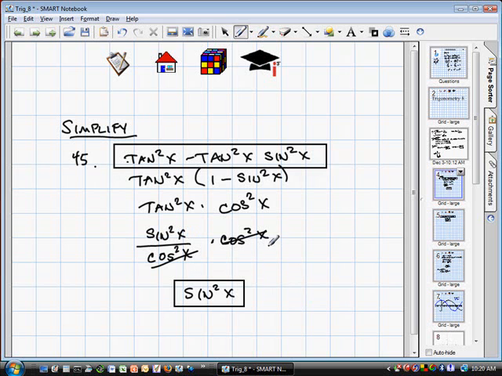And look, the cosine squareds cancel. And so we really have simplified this expression quite a bit. We got it down to just sine squared x. So this is kind of a unique phase of trigonometry where we're at the wedding between algebra and trigonometry a little bit. They're kind of mixed together. Everybody see that one?